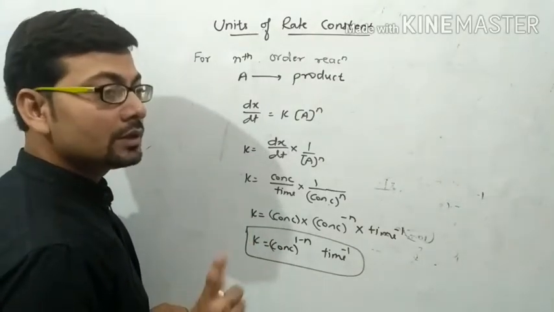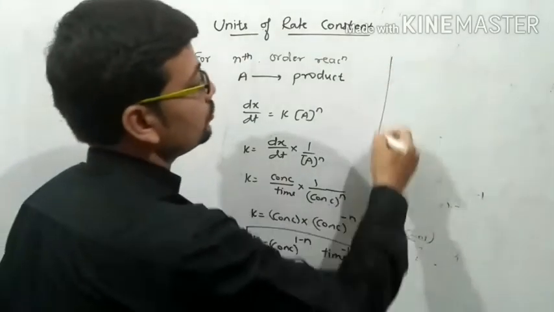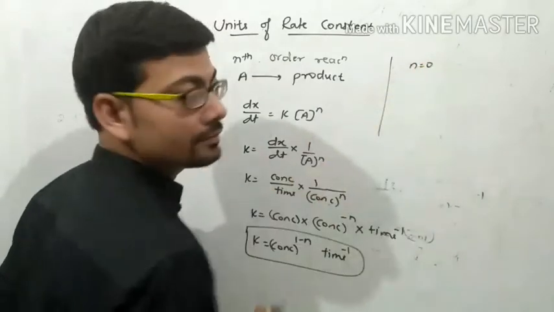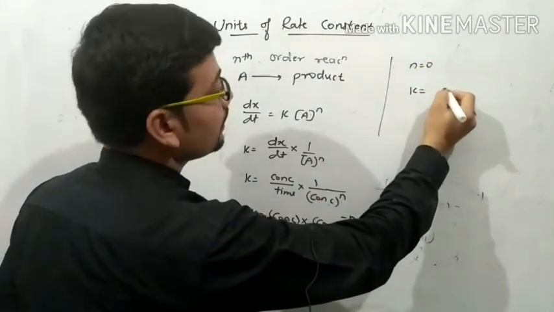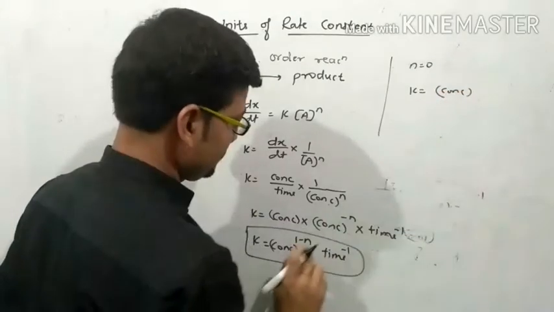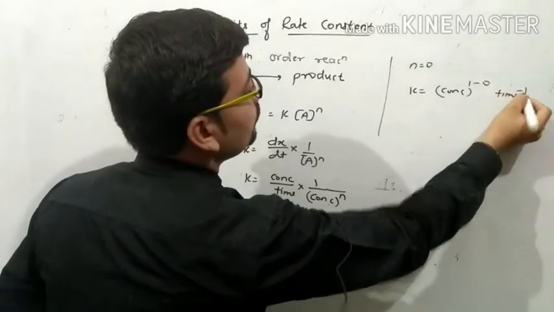If you want to calculate the unit for zero order reaction, then n should be 0. In this case, k is equal to concentration power 1 minus 0 time inverse, right?